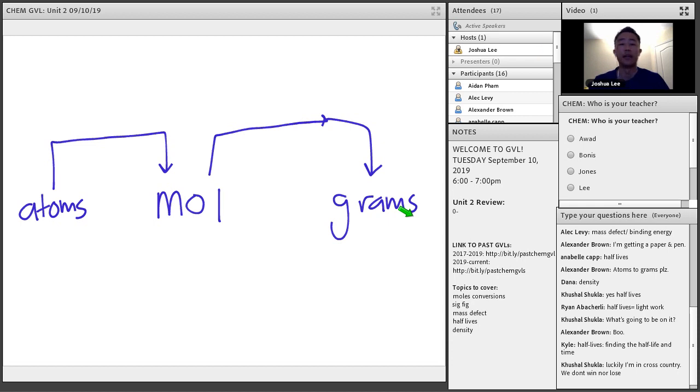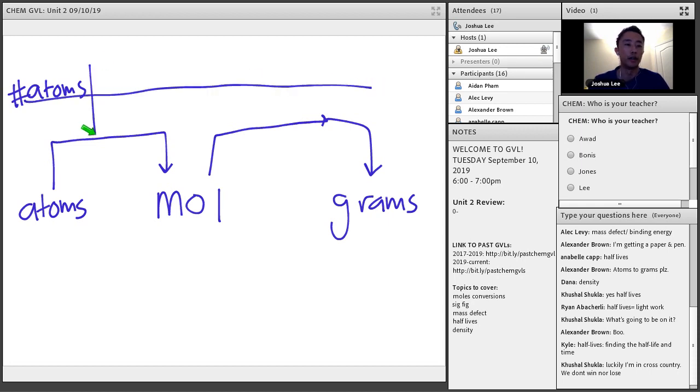Anytime you go between atoms and moles, if you go this way, you have some number of atoms and you want to get rid of atoms. So algebra, things on top, things on bottom, they'll cancel out. And you have to stop by the mole.